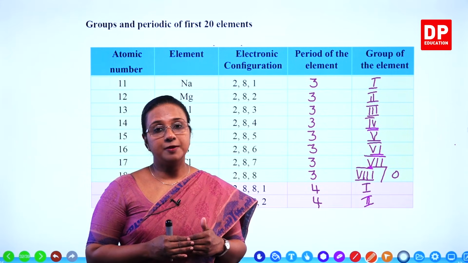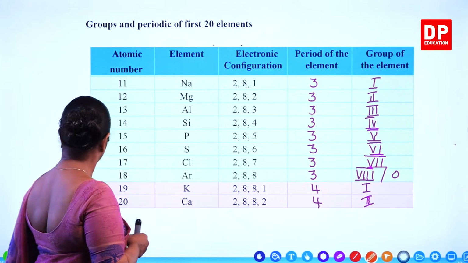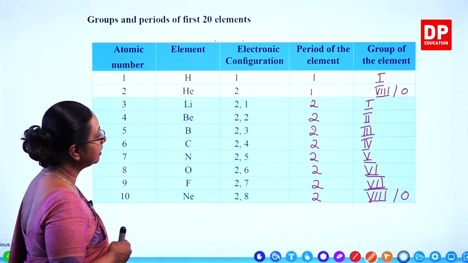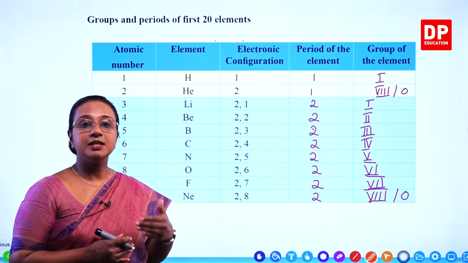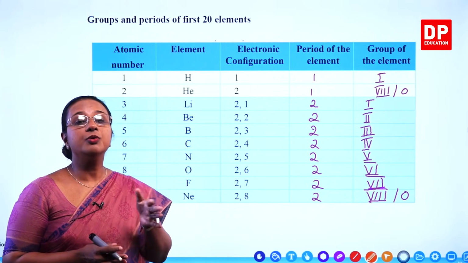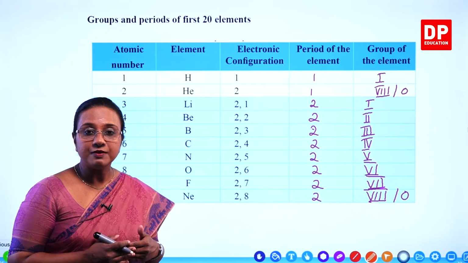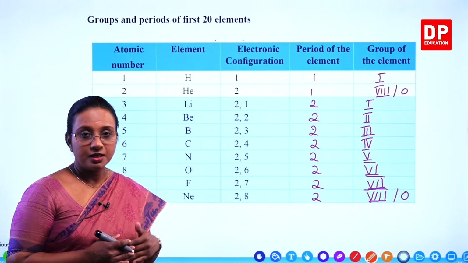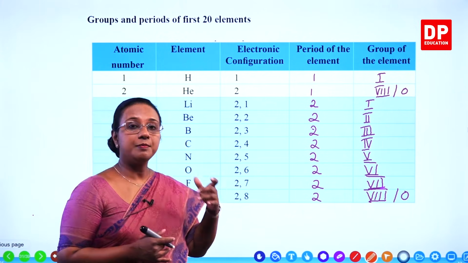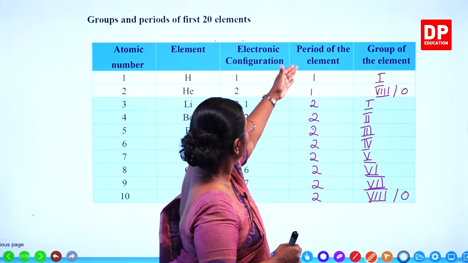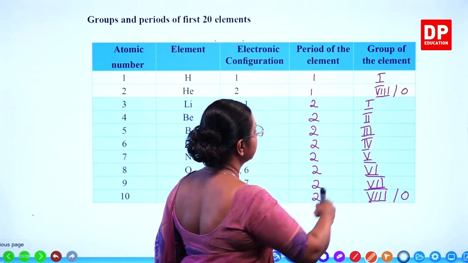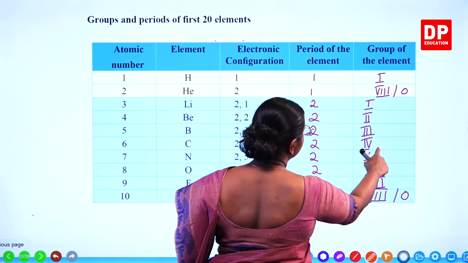The same way, if they tell you, I'll go back to the slide, there is an element that is present in period 2, group 4. Identify the element. Then you see, okay, period 2, group 4. Here you can see all these are period 2 elements and here we have group 4.